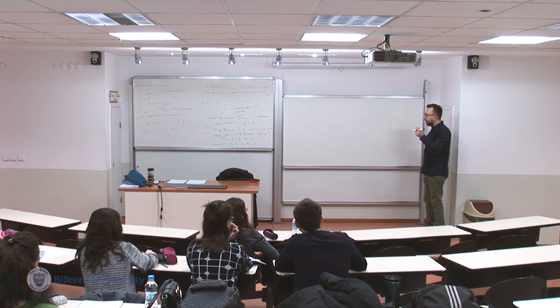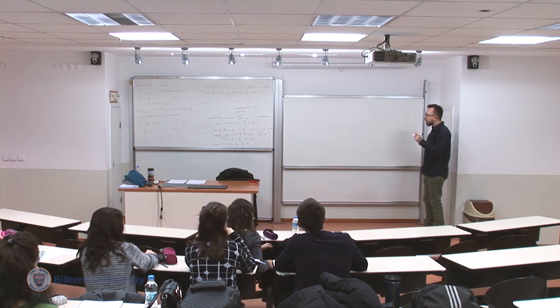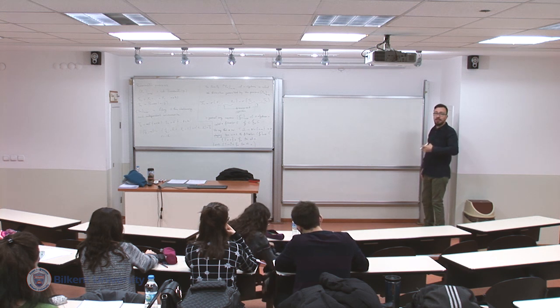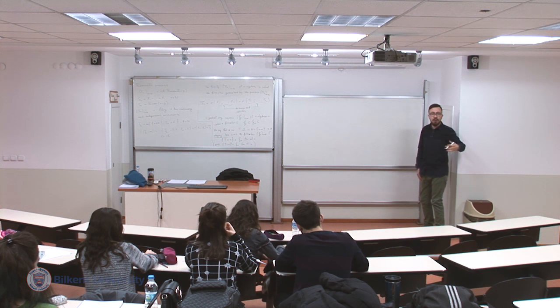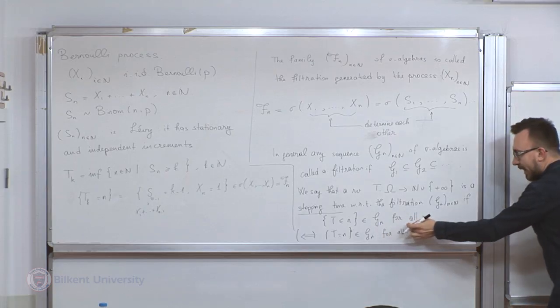You don't know when it's going to sound, but the random time when you're going to hear it is determined by the information available in the environment. It doesn't mean it's deterministic, it's just random, but it is determined by the information that is growing in the physical environment, because this Gn is increasing in time n.